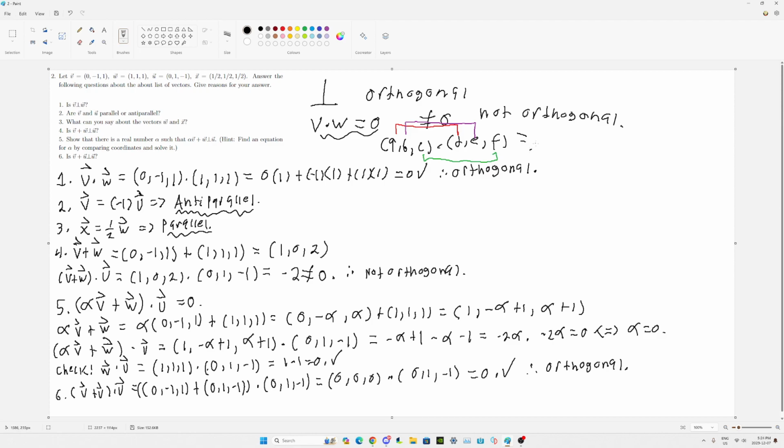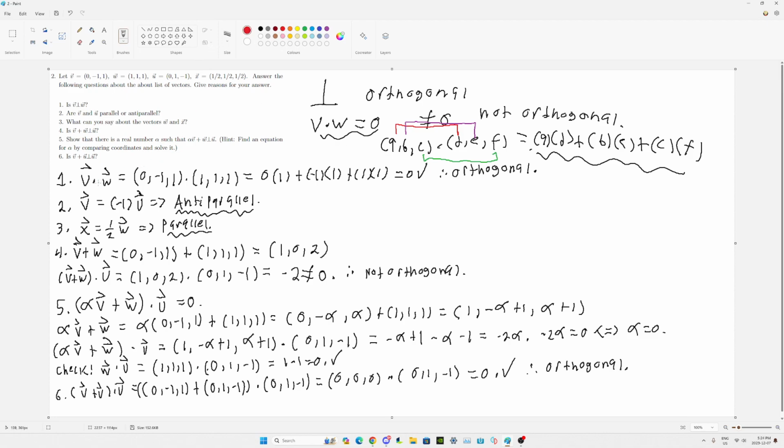So this would just be equal to AD, first, plus BE, second, plus CF, and that's it. You just carry that process over and over again for however long the vector is.